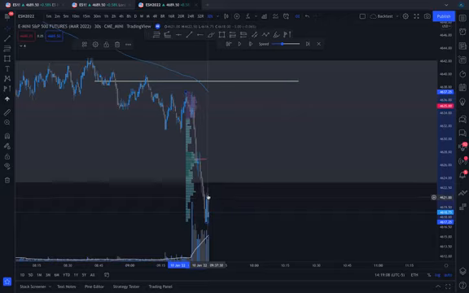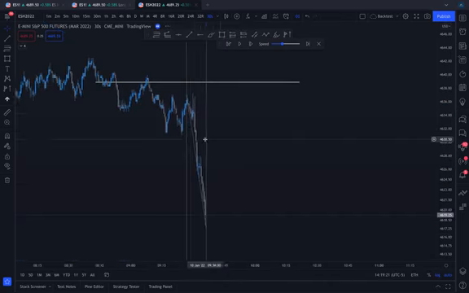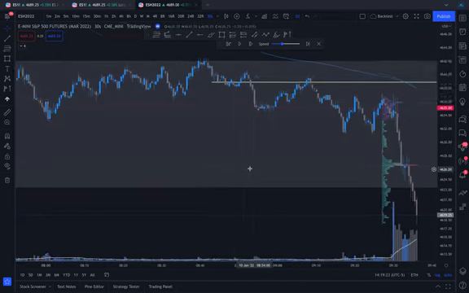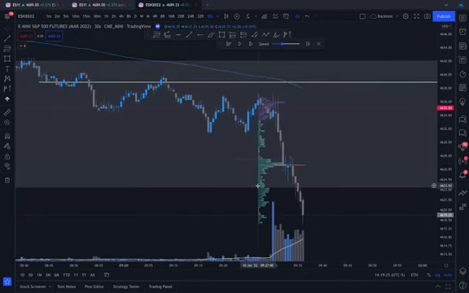Now, I trade pretty fast and aggressively when I'm scalping, so I would have seen this come down, seen this volume get created. If I do this, you'll see that it was here. So we could see the volume already starting to be built there, right?